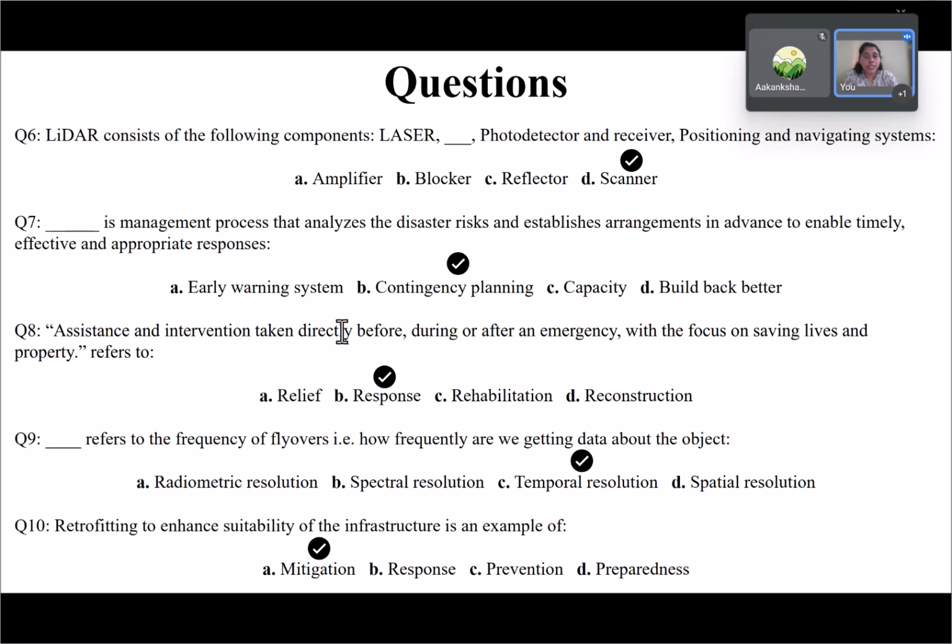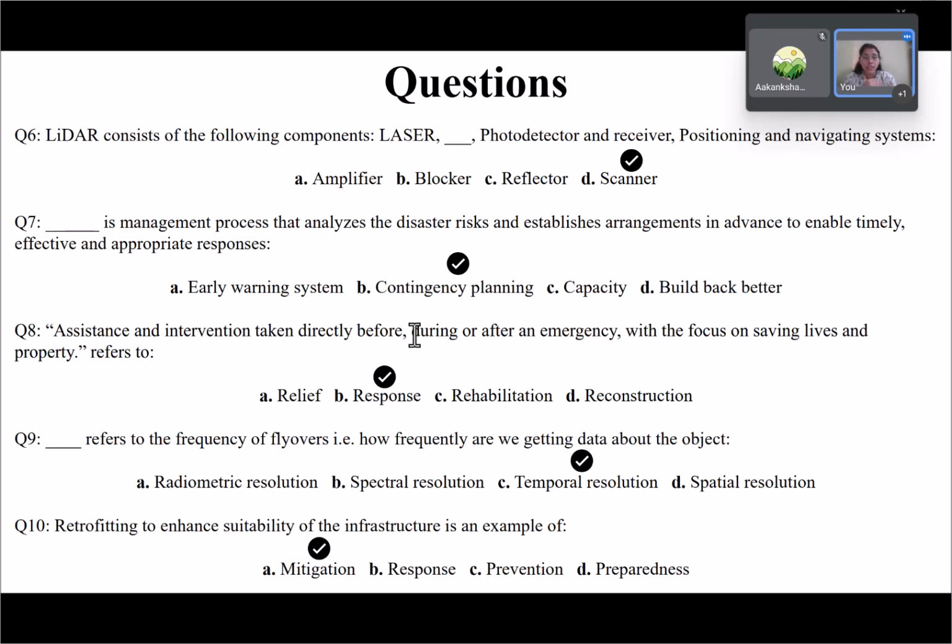Assistance and intervention taken directly, so anything which is in emergency phase, it is response. Number of flyovers is temporal, by time. You're looking at how many times you are getting the information. Temporal is basically time. Retrofitting to enhance suitability of infrastructure is mitigation, because you are taking active measures to combat the disaster risk.